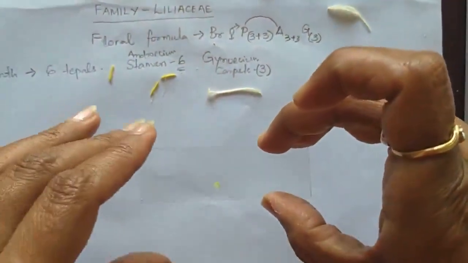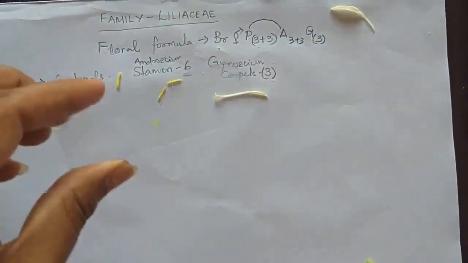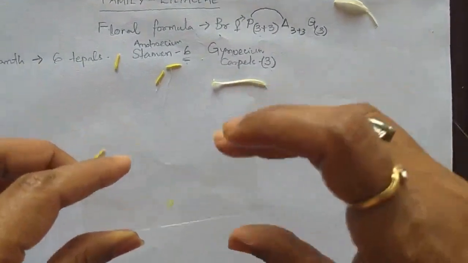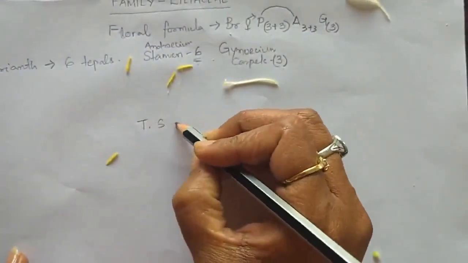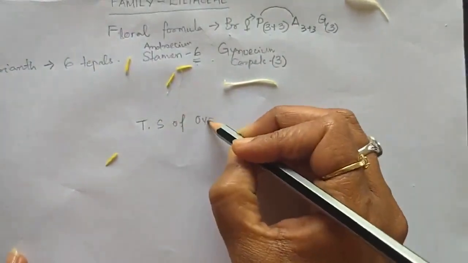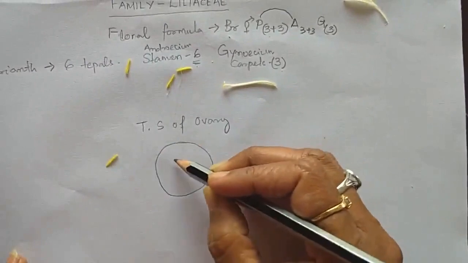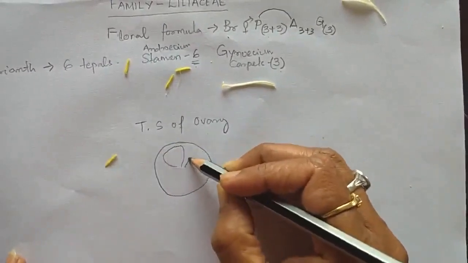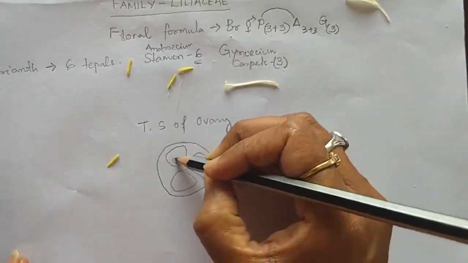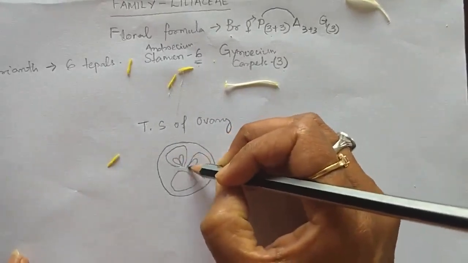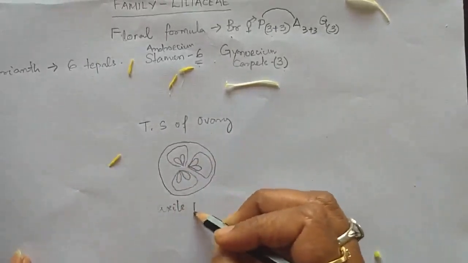Okay, you have to take a perfect section, the thinnest possible section, and observe carefully under the microscope. You will find the transverse section of the ovary. The ovary has 3 chambers or locules, and inside each locule 2 ovules are present, and it is axile placentation.